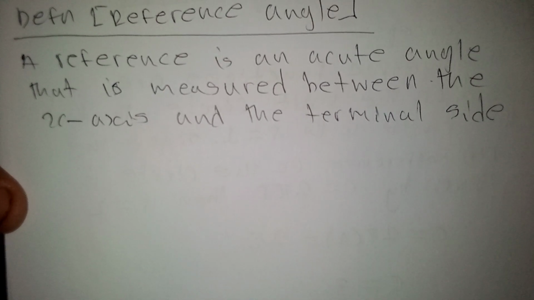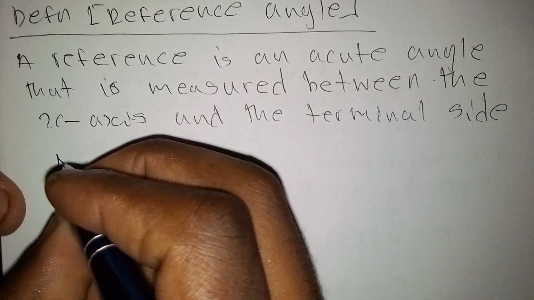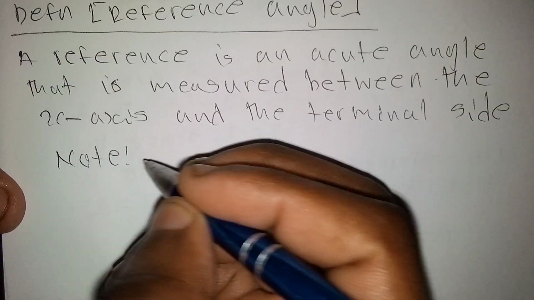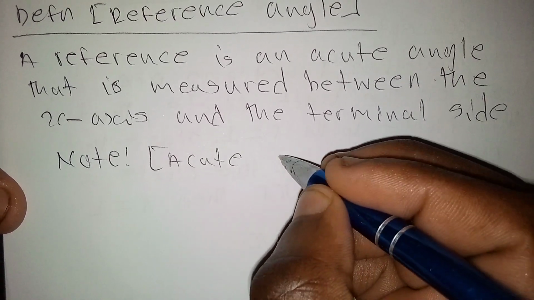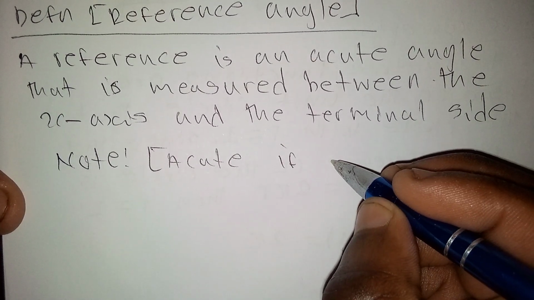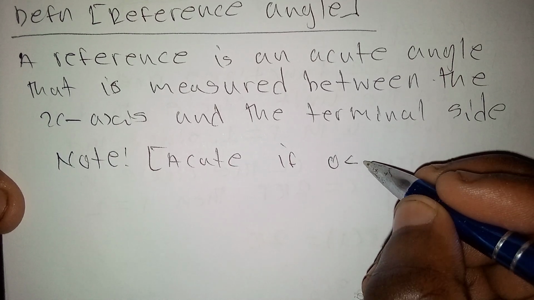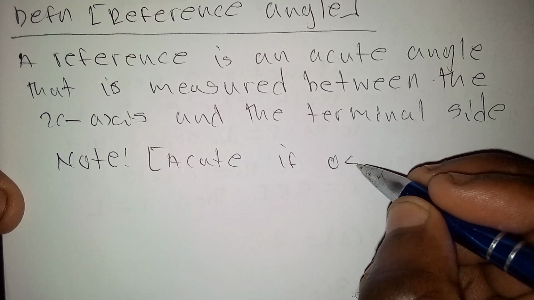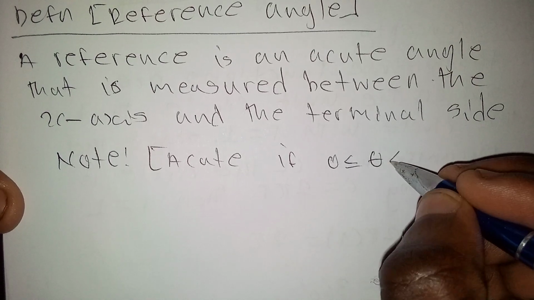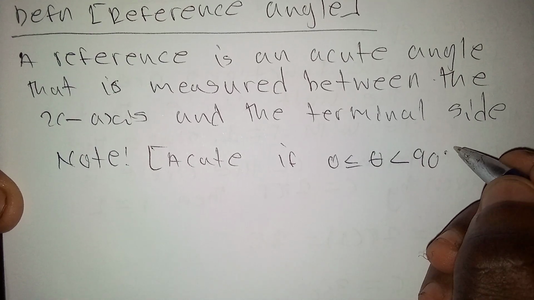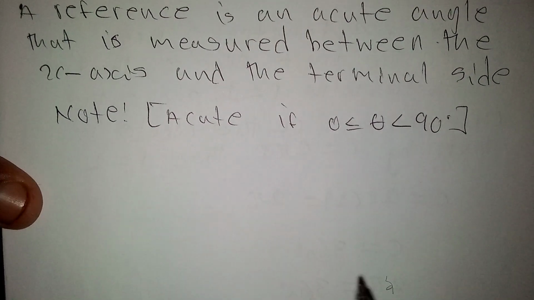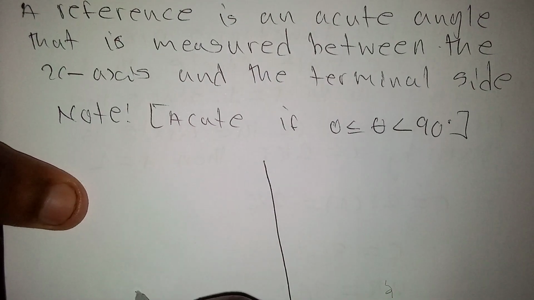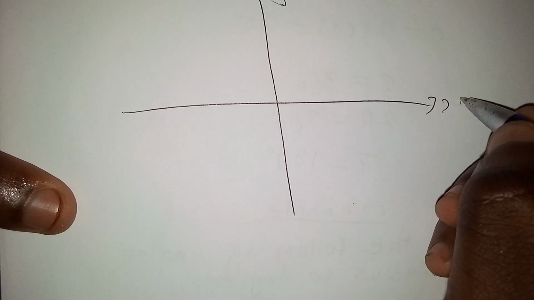The angle is acute if it is between 0 and 90 degrees. So this is an acute angle. Okay, so to demonstrate this information on the sketch, we have the y-axis here, the x-axis here.